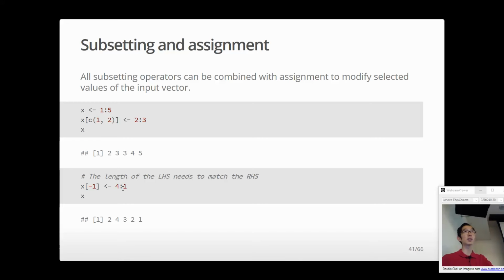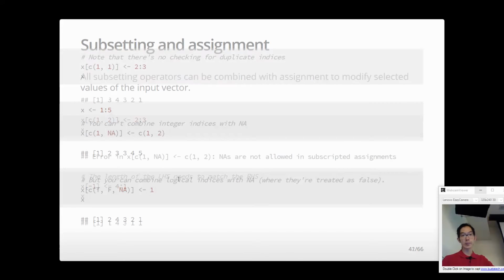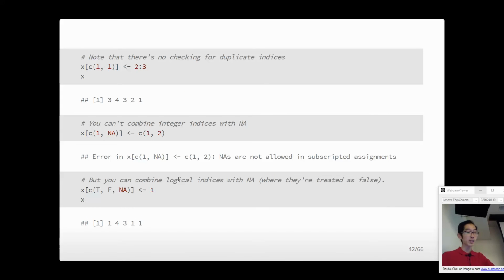There's not going to be a recycling that works with assignment here. There's nothing that checks for duplicate indices. So if you say 1 and 1, it's going to take 2 and assign it to the first one, and then it's going to take 3 and assign it to the first one. So what you end up getting is just the 3 back.